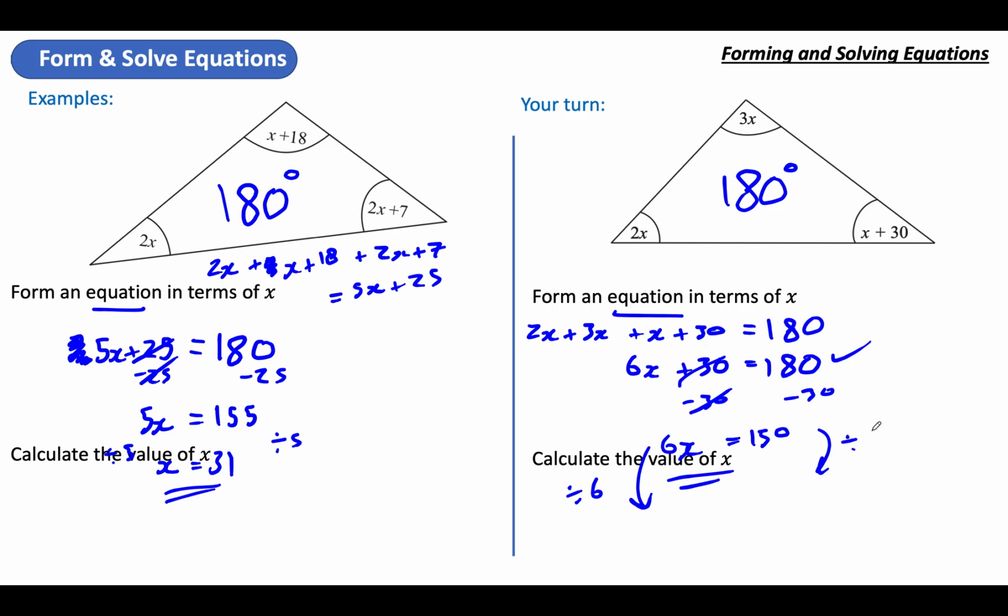We only want 1x, don't we? So I'm going to divide it by 6, which, oh, is that going to work? 150 divided by 6. It does work. It's 25. 25 degrees is what x is worth. Yeah, like this one was 31 degrees. Okay. Right, so it's built into the question what you're going to do.